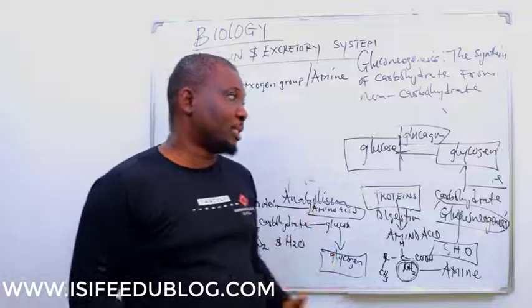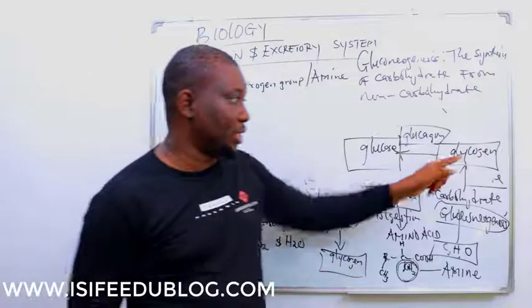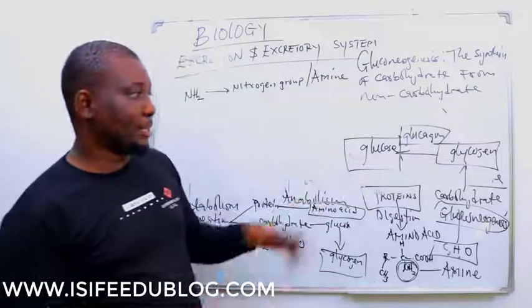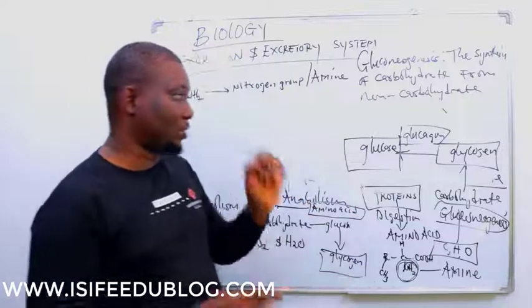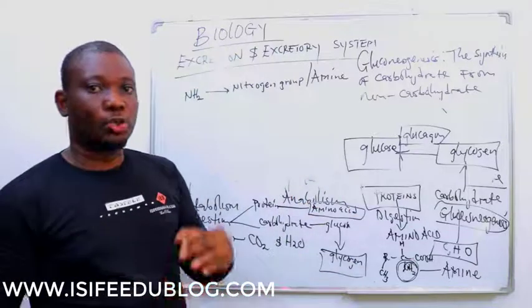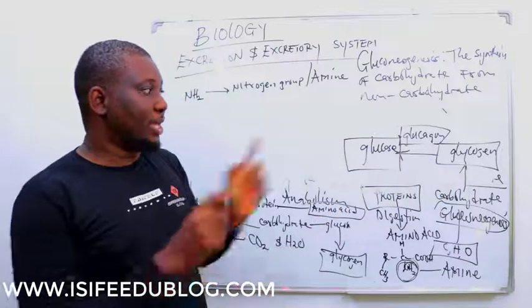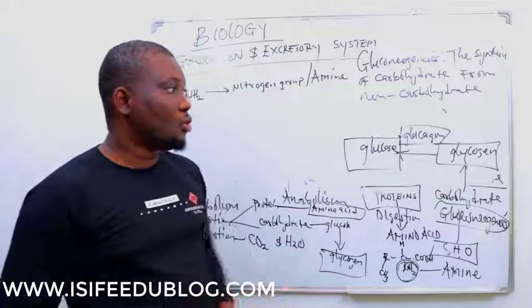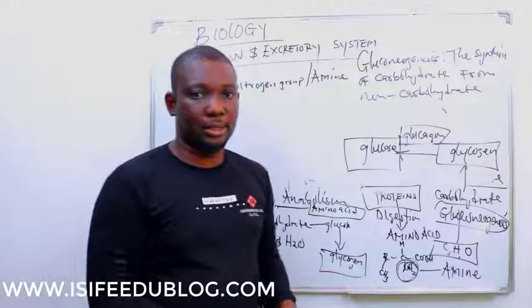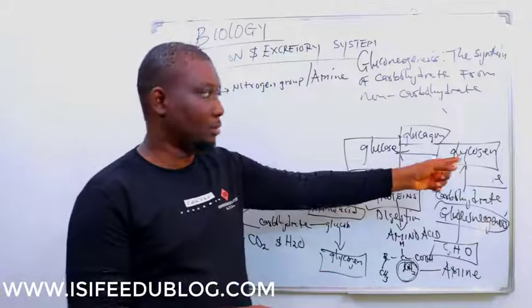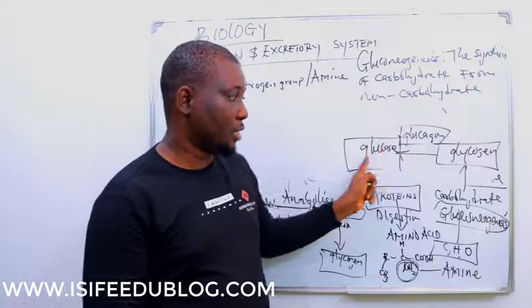Because glycogen is a complex carbohydrate, and glucose is a simple carbohydrate, a simple sugar, this breakdown of glycogen to glucose takes place whenever the glucose level in the bloodstream is too low. The conversion of glycogen to glucose is called glycogenolysis.